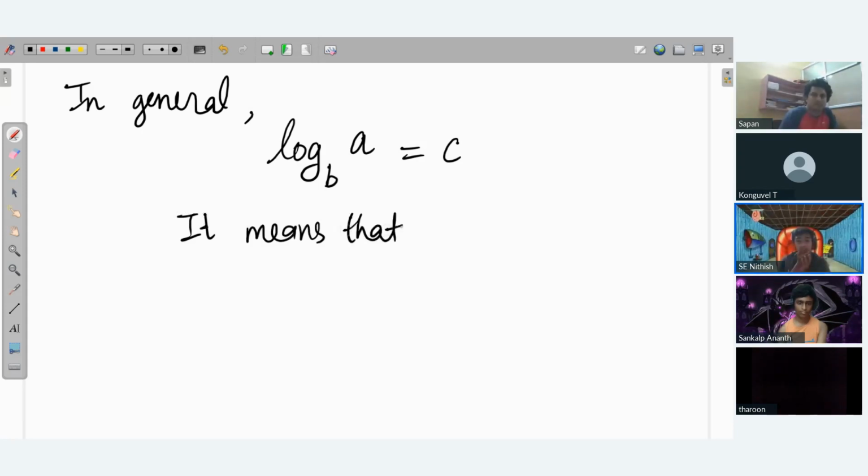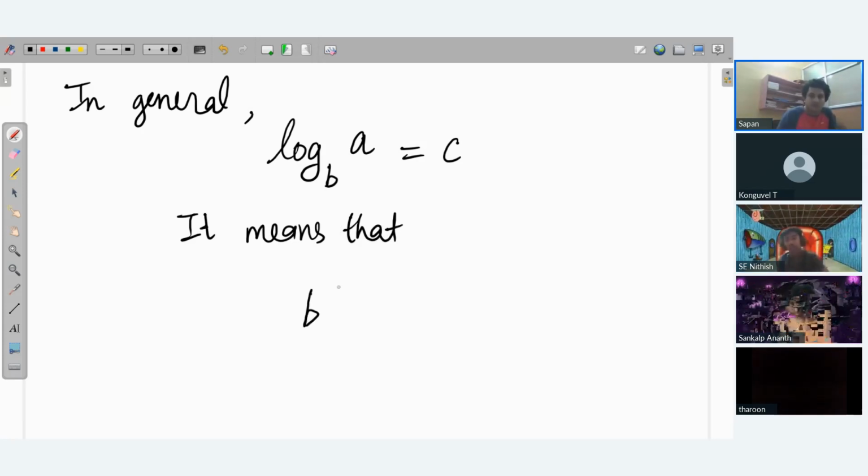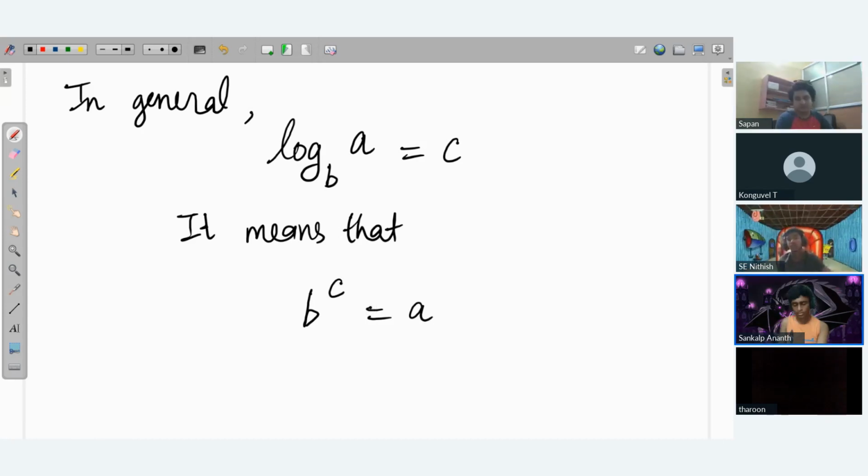B to the power of C is equal to A. When B is raised to the power C, you are getting A. That is what it means. Understandable?